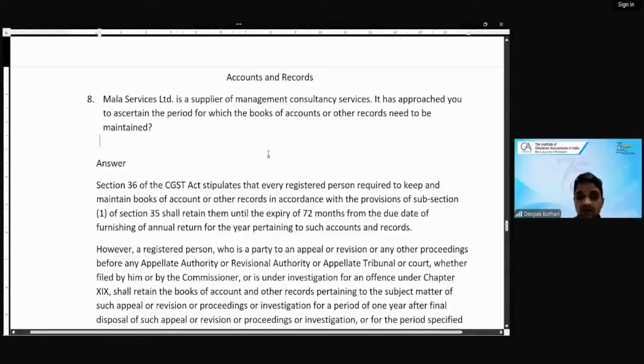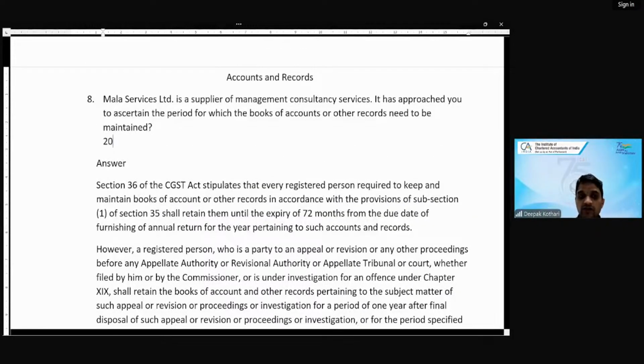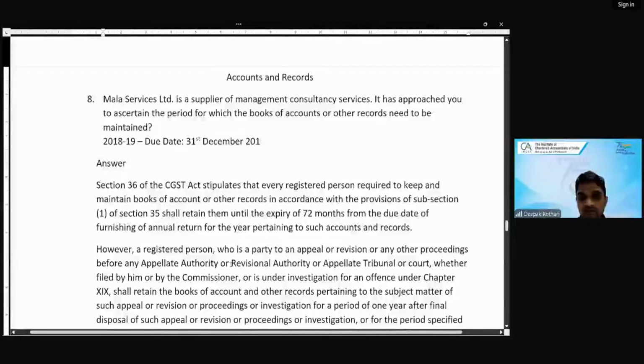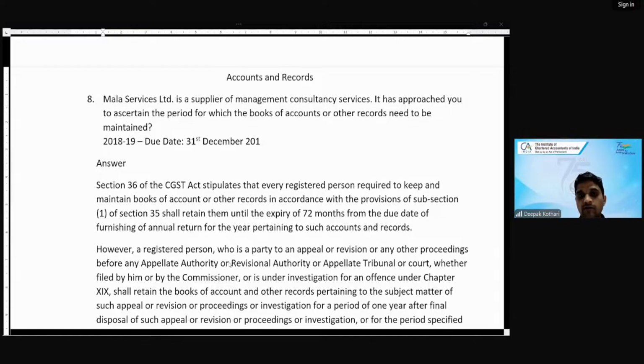Okay. So which means for the year 2018-19. Okay. Say the due date of filing annual return was 31st December. Okay. 31st December. What will be the year? 2018 or 19? 2019.